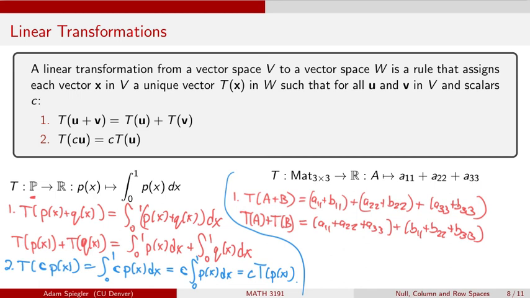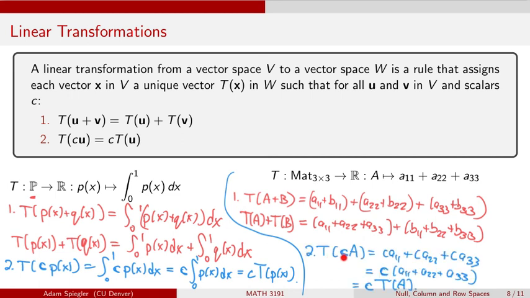Let's check the scalar multiplication condition next. If I first multiply c times matrix A, then every element of matrix A gets multiplied by the scalar c. Then when we add up the diagonal entries, we get c times A11 plus c times A22 plus c times A33.